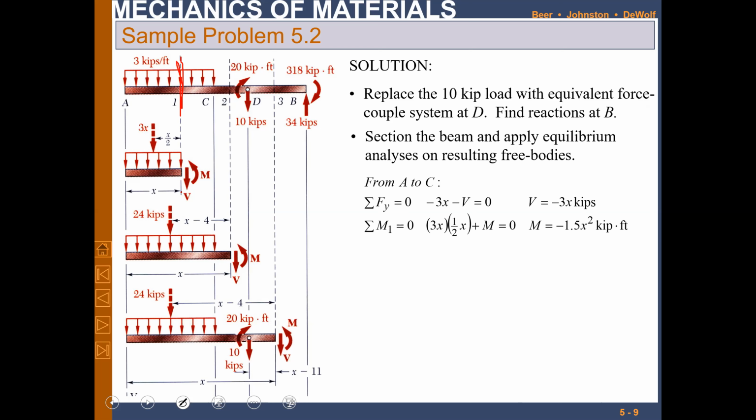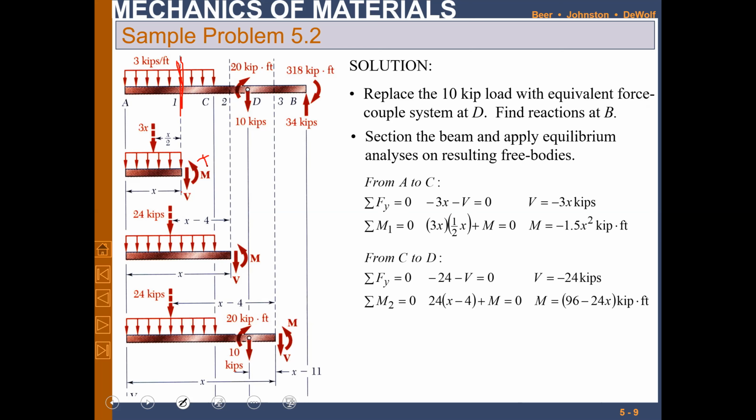Likewise, moment will be 3x into half of x by 2, that is the distance between the load and the point of section, plus M, that is positive, equals 0. So M will be minus half x square kip-feet. That will be the one.